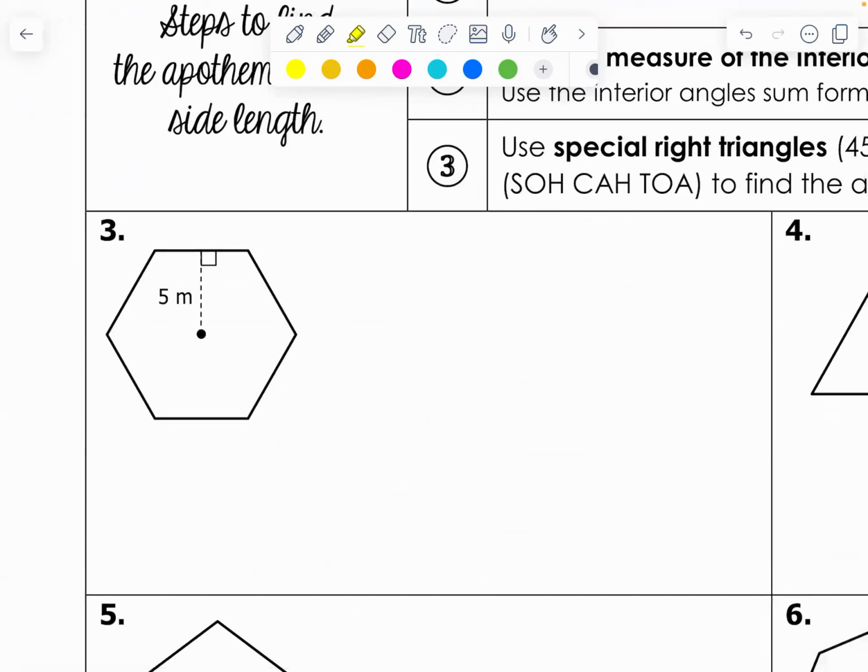What kind of shape are we dealing with? I think it's a hexagon. I think there's 6 sides, right? Okay, it's a hexagon. Now, what I'm going to do is draw the radius. Why do I care about the radius? How is the radius going to help me?